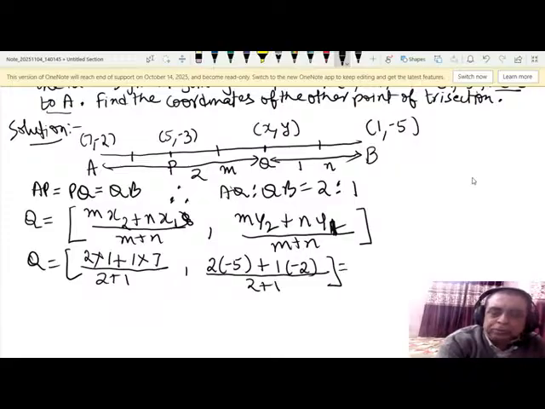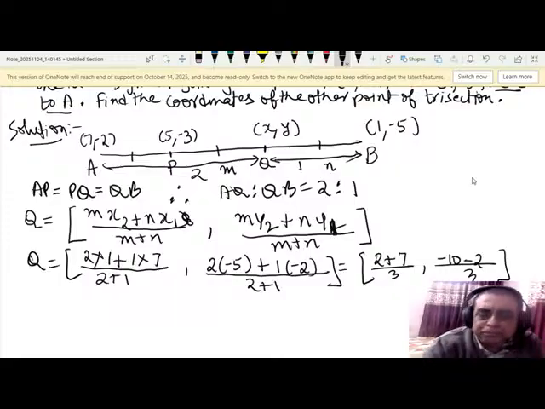So now you simplify it. 2 times 1 is 2, plus 1 times 7 is 7, whole divided by 2 plus 1, which is 3. And here, comma, 2 times minus 5 is minus 10, plus 1 times minus 2 is minus 2, whole divided by 2 plus 1, which is 3.